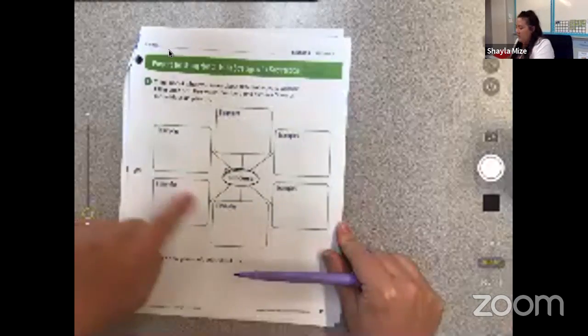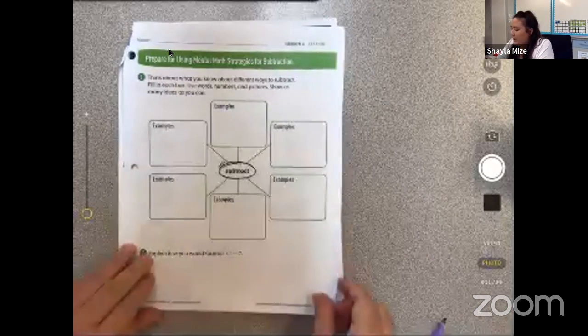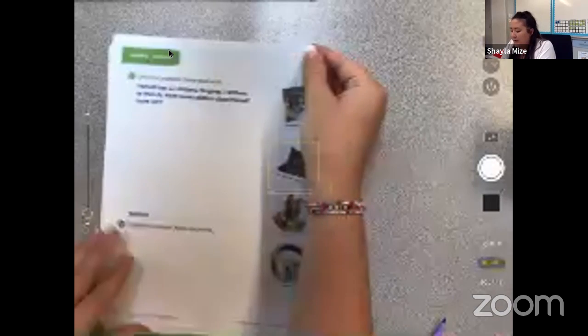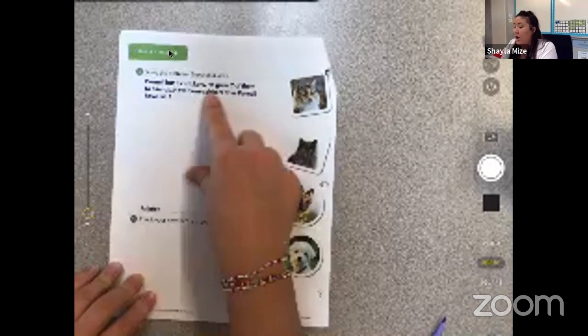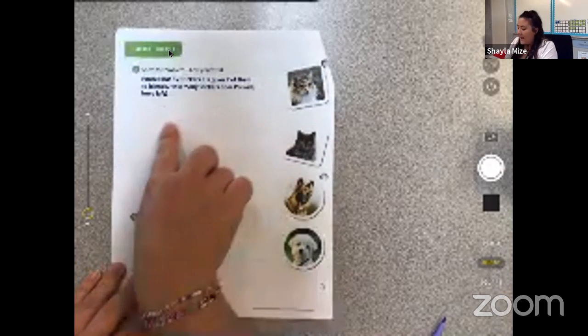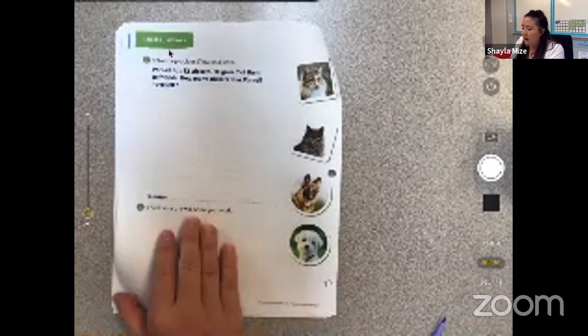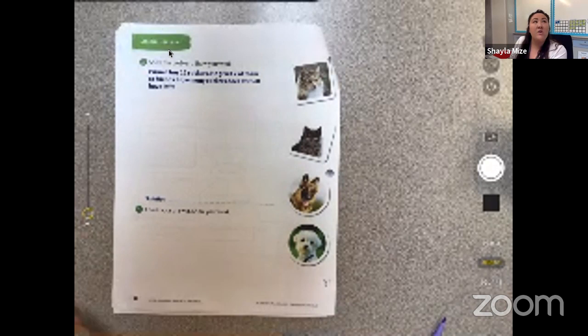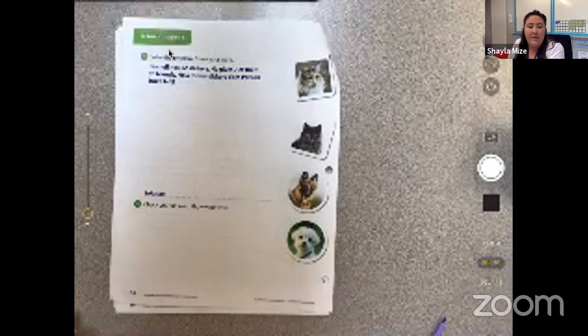And then on page 32, you're going to be solving this problem with Parnell. Parnell has 12 stickers. He gives 7 of them to friends. How many stickers does he have left? Show your work one way, pick one method, and then write your solution at the bottom. Then go back and check your answer. So show it a second way. Pick a second method and show your work there.